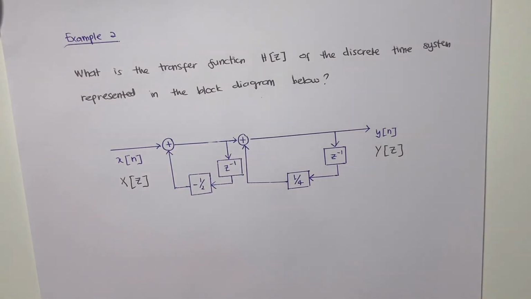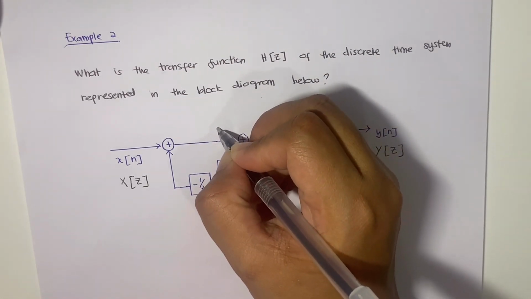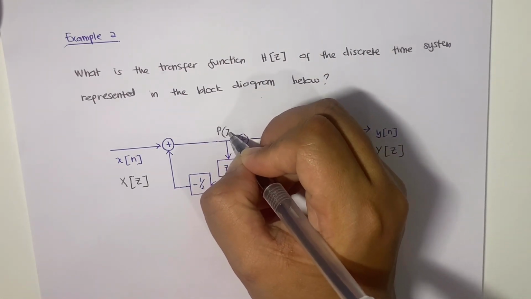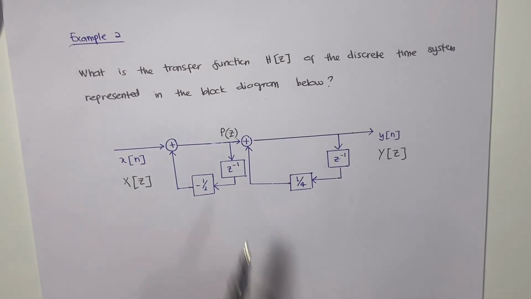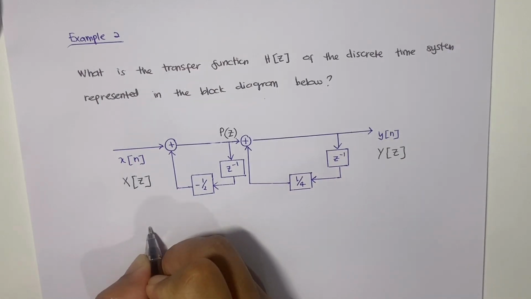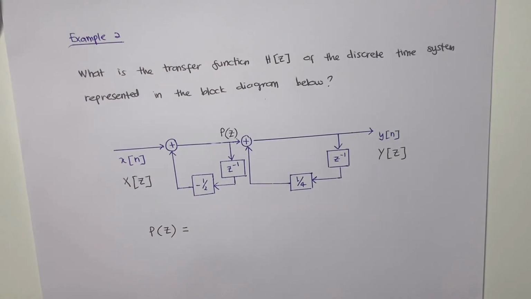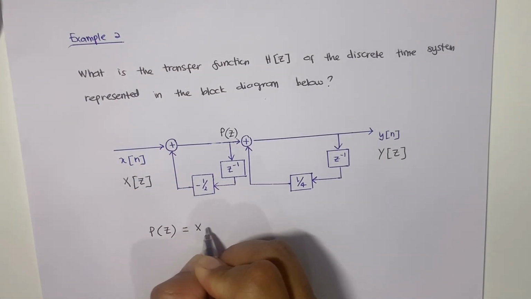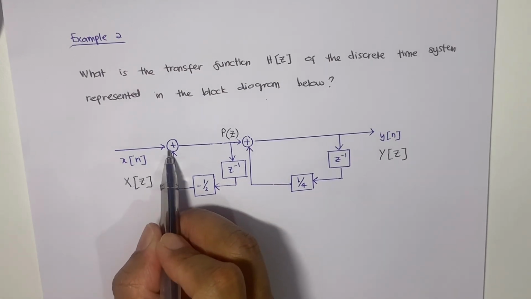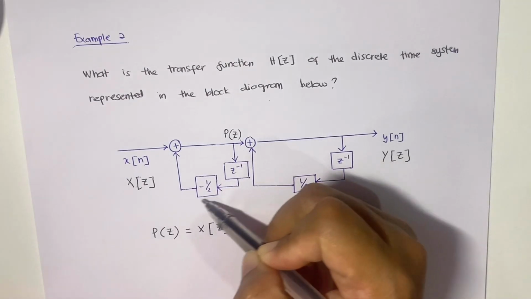Okay. We must assume that here we will get pz. Okay. So now we want to find pz. pz equal to xz here plus xz. This is xz plus, okay, symbol plus, plus this loop.